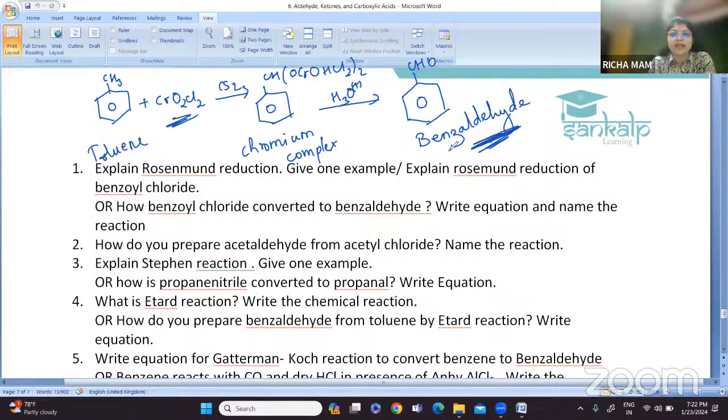Benzaldehyde is prepared from toluene by reacting toluene with chromyl chloride in the presence of carbon disulfide. It forms a chromium complex, which undergoes acid hydrolysis to give benzaldehyde. This is the explanation that is expected, and you have to write the equation. So this is the particular reaction.